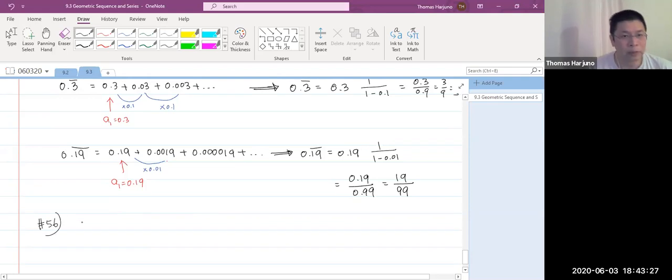Now our textbook, let's see, suppose I do number 56. I get 3.2 and then 394 bar.